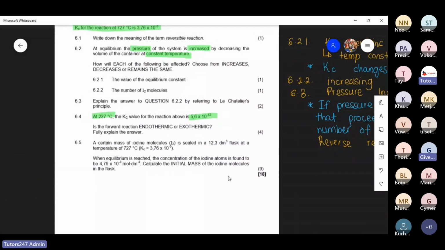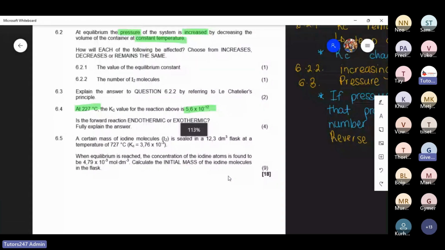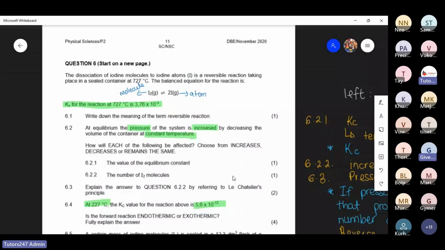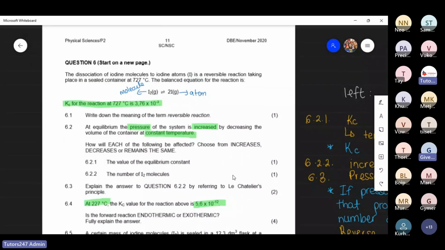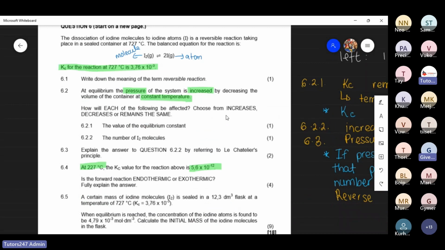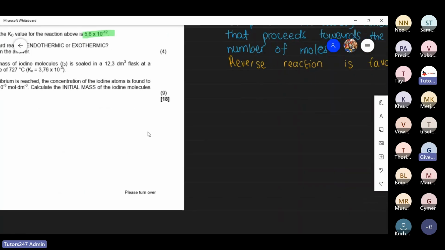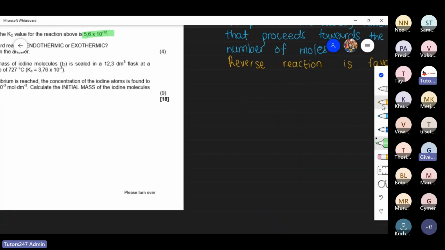Our question is, is the forward reaction endothermic or exothermic? So we need to state whether the reaction that goes from iodine molecules to iodine atoms is endothermic or exothermic?